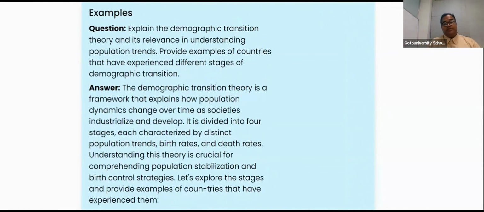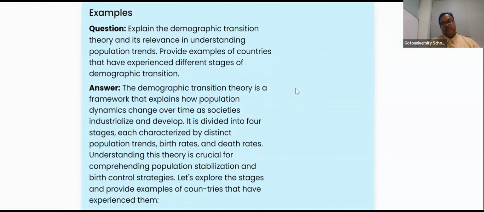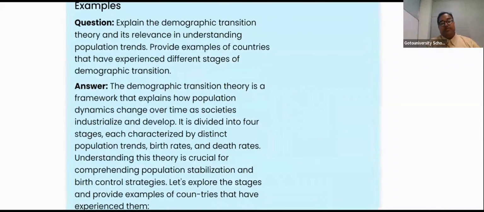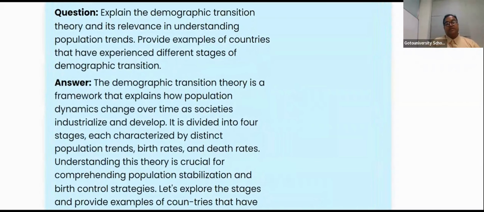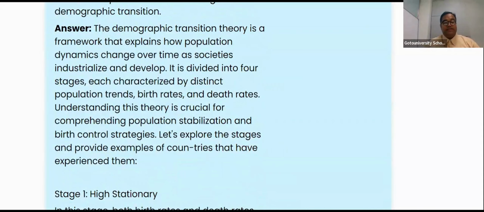The question is: demographic transition theory and its relevance in understanding population trends, with examples of countries that have experienced different stages of demographic transition. Demographic transition theory describes how population dynamics change over time as a society industrializes and develops. It is divided into 4 stages: population trend, birth rate, death rate, etc.